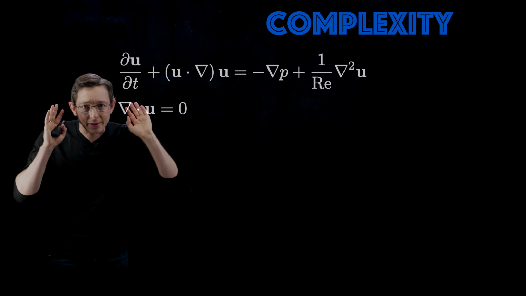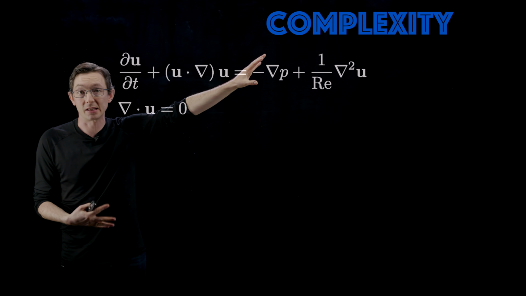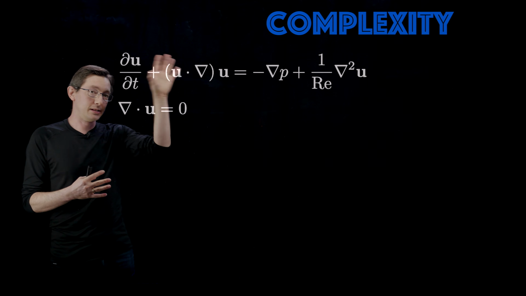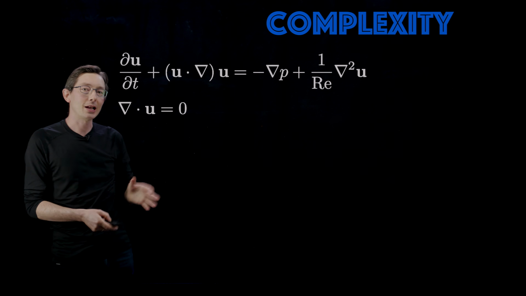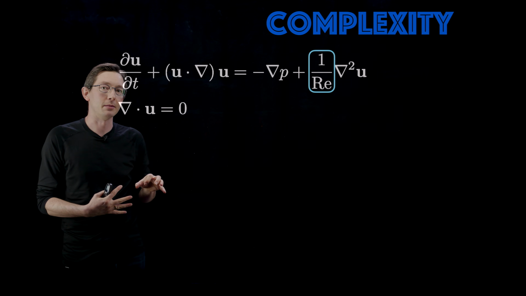Okay, and the complexity, I like to think of, this is the Navier-Stokes equation for an incompressible fluid, and this is a non-dimensional form. The complexity is really entering here in the Reynolds number term, this 1 over Reynolds number.